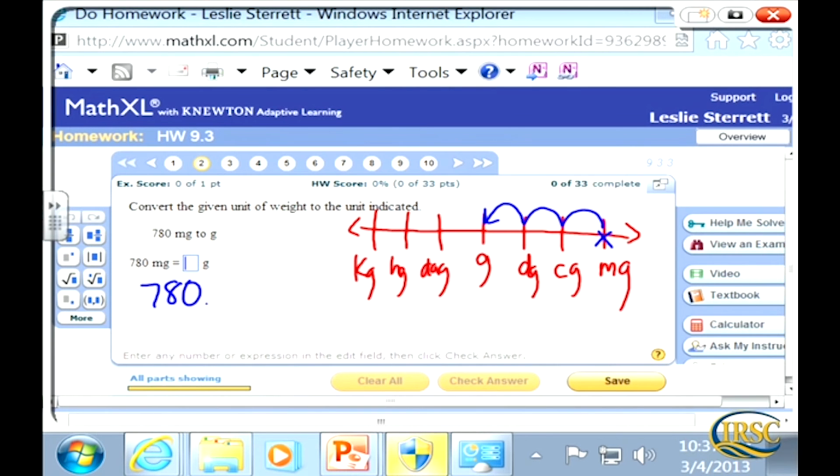Okay, behind the 0, and I have to go 3 places to the left. And so that leaves me with 0.780. Do we really need the 0 at the end anymore? No, we can drop that 0. So 0.78. So any questions on the metric system?